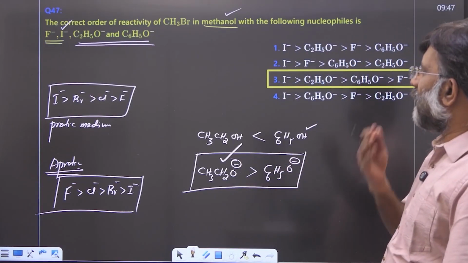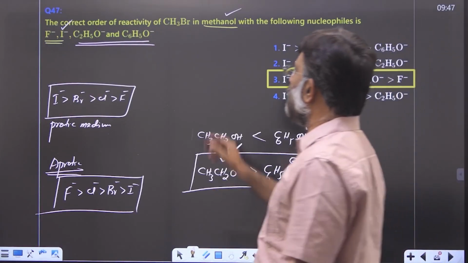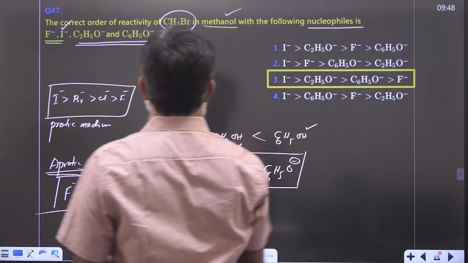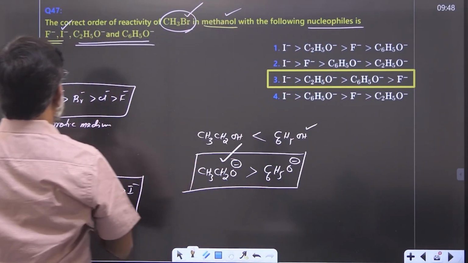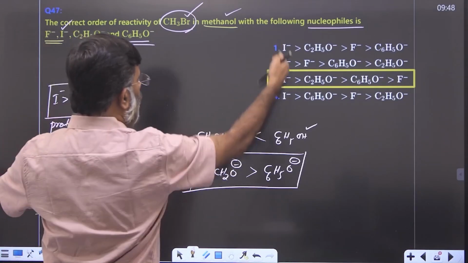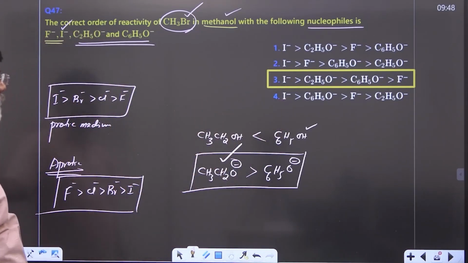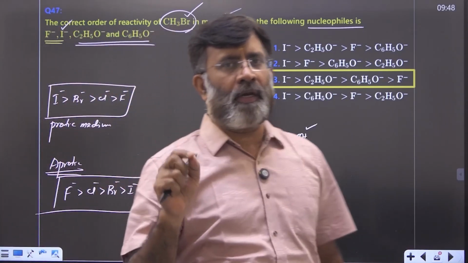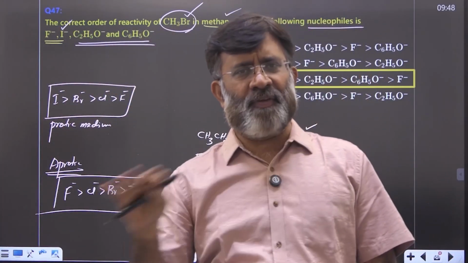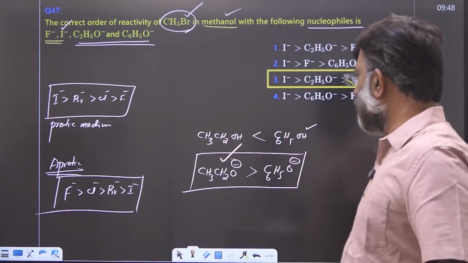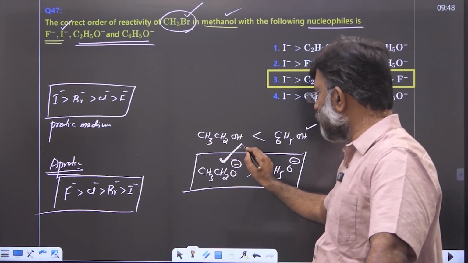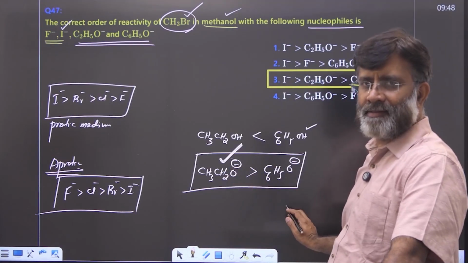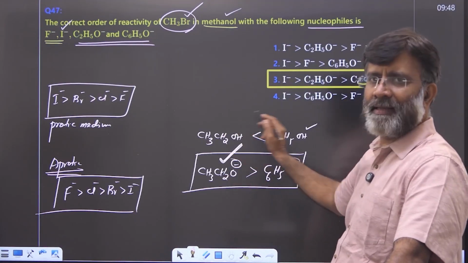And our question is the correct order of reactivity of CH3Br in methanol with the following nucleophiles. So this bromine is replaced by iodine fast, no doubt. Iodine fast, fluorine least. That is fixed, we get our answer. And regarding these two, this is a better nucleophile than this, because this is a stronger base than this, because this is a weaker acid than this.